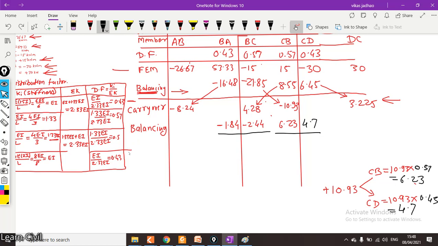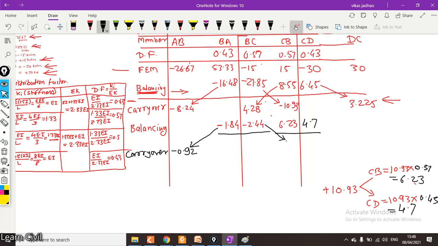So the next step will be carry over. Now half of this moment will be transferred here, that is minus 1.84 divided by 2. That will be minus 0.92.